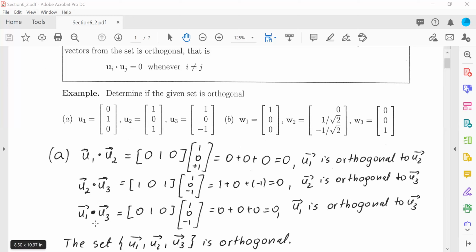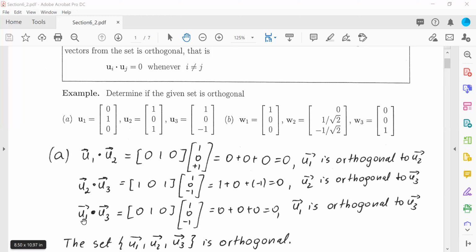Then we take the dot product of u1 and u3. First we check those two, then we check those two, and at the end I need to check the first and the last one. So we check the orthogonality of each pair. Each two needs to be orthogonal.